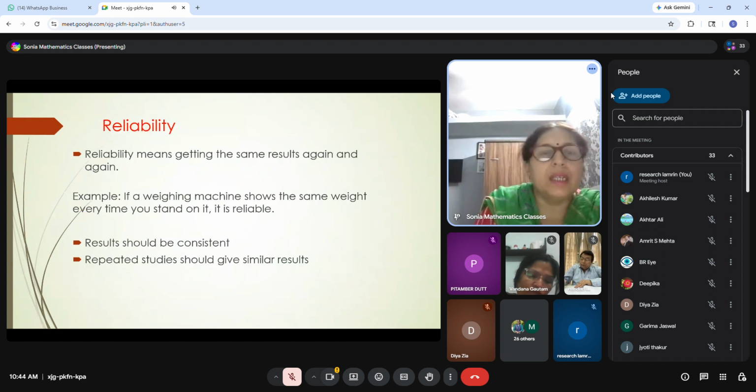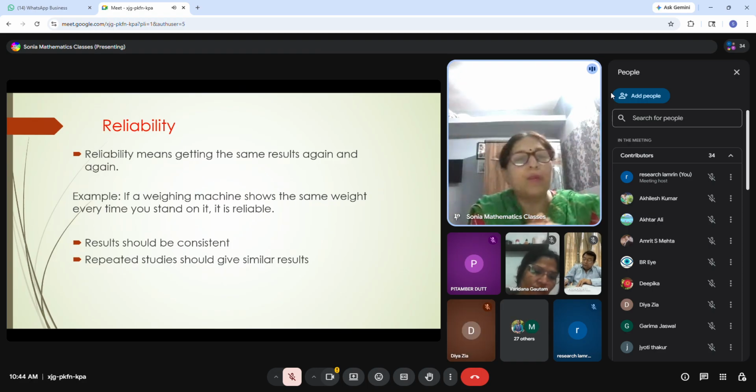Reliability means getting the same results again and again. Same results means अब कोई भी एक particular person है, ठीक है, किसी एक topic पे research करता है, ठीक है, same results again and again means एक ही चीज बार बार research नहीं करनी.